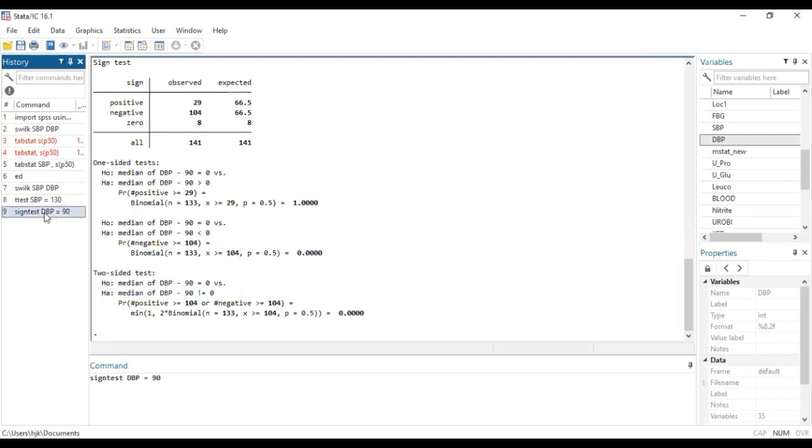And if the variable is not normally distributed, then you use the sign test, the variable, and then the median that you are hypothesizing and comparing it to. Generally, this is how you can use STATA to achieve one sample t-test of your variable.